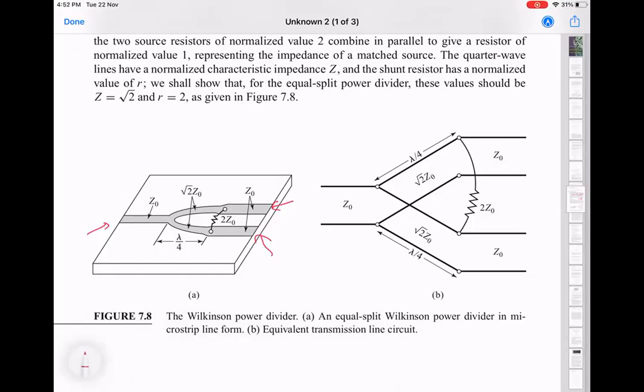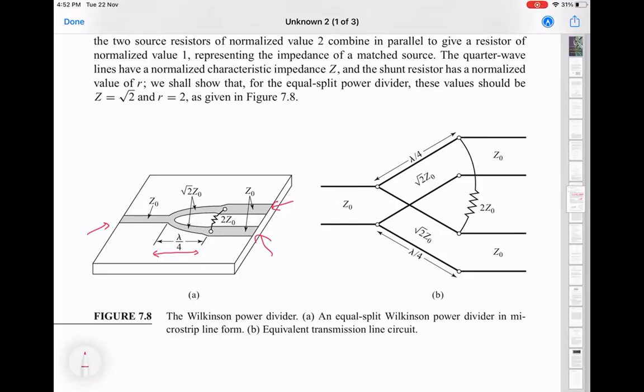And then it does this T-junction kind of splitting. But there are two interesting things going on. First, the split is happening to a different characteristic impedance of transmission line. So these two are √2 of Z0, and they are also quarter wavelength in dimension.